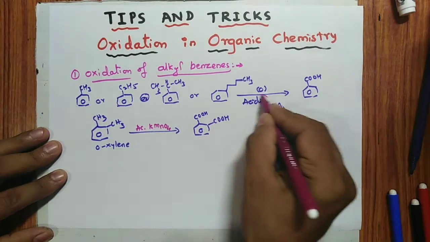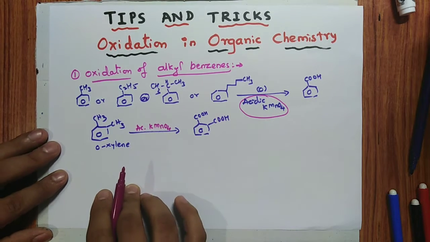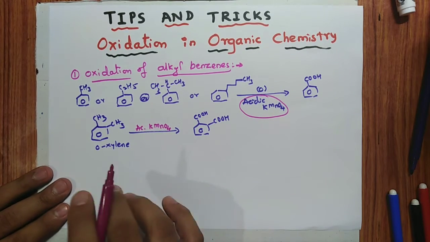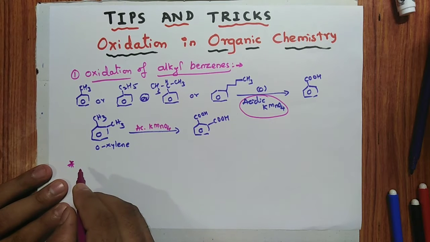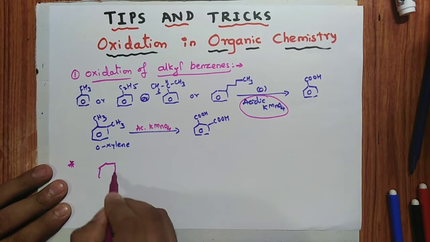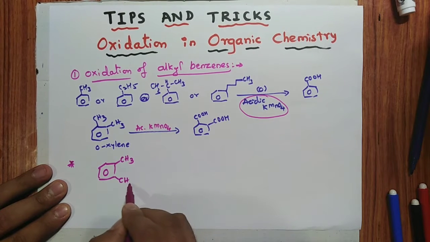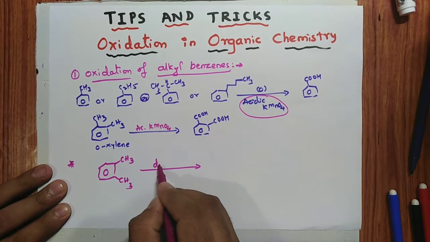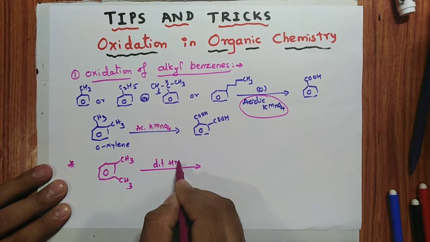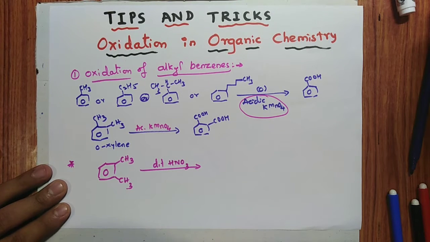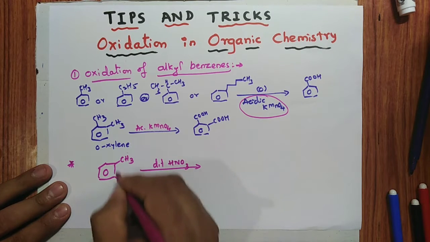Very important oxidizing agent. Then, one very important point: if the compound is like this, with two CH3 groups, and I use dilute HNO3 as an oxidizing agent, remember one thing, dilute HNO3 will convert only one alkyl group out of two.